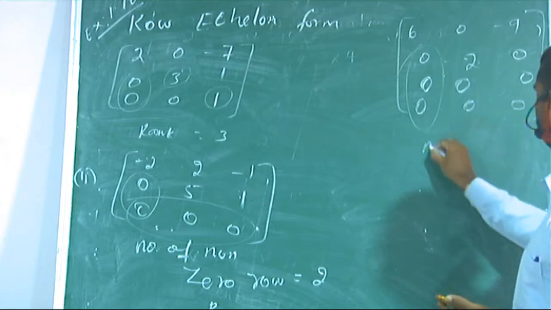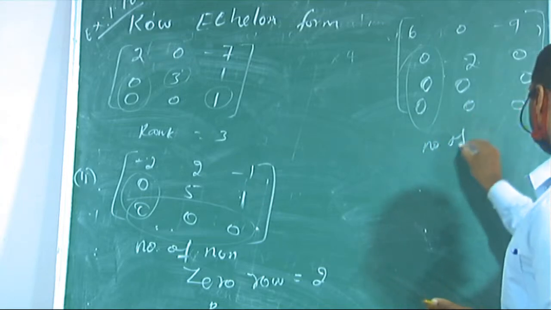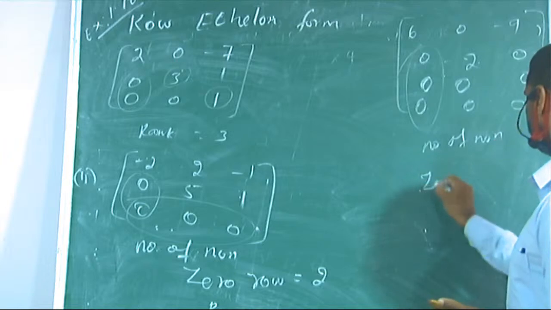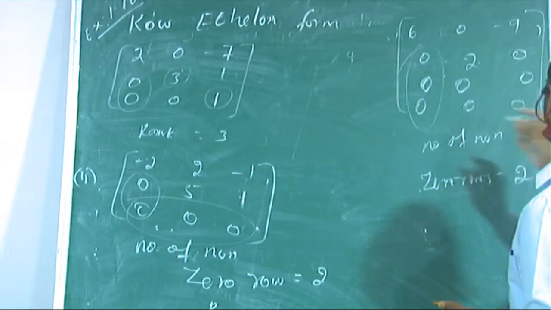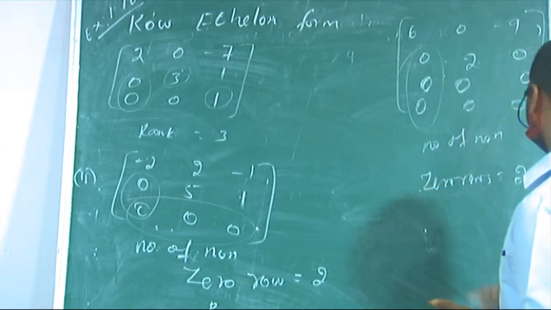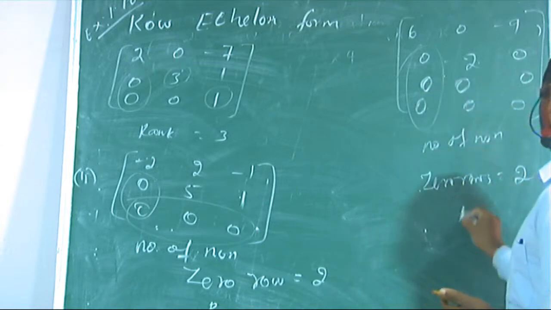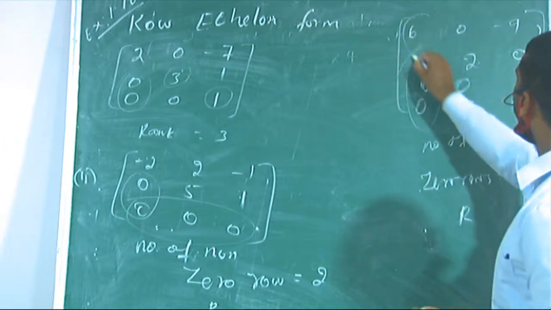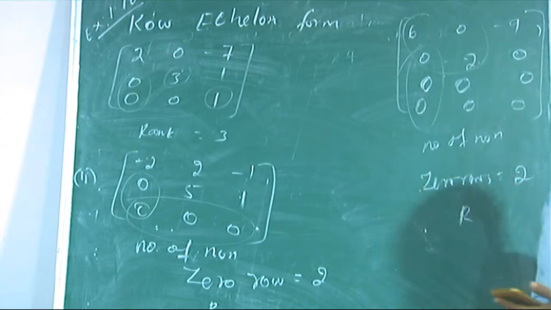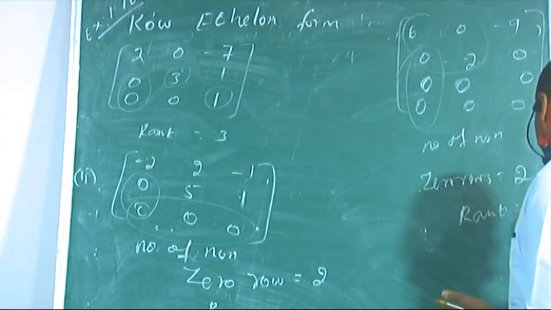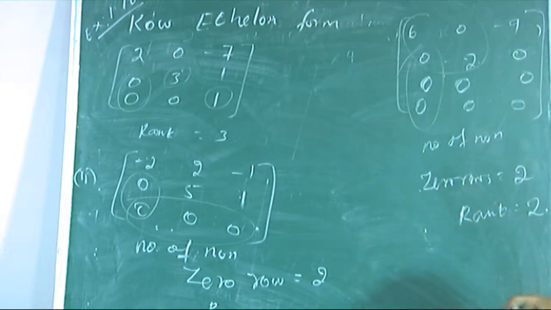But the number of non-zero rows is only 2, because the other rows are zero rows. We can compare with a 2 by 2 matrix: 6 into 2 is 12, 12 minus 0 is 12. Therefore A inverse exists, and the rank is equal to 2.